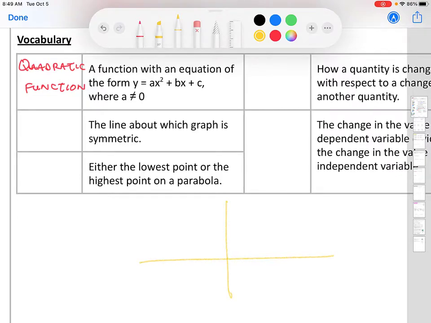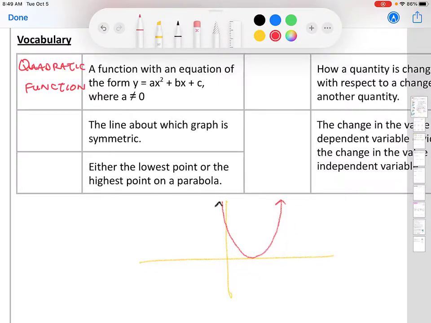This is my graph, and this is my quadratic function. Let's draw something like this. Let's change that to red. Okay, quadratic function.